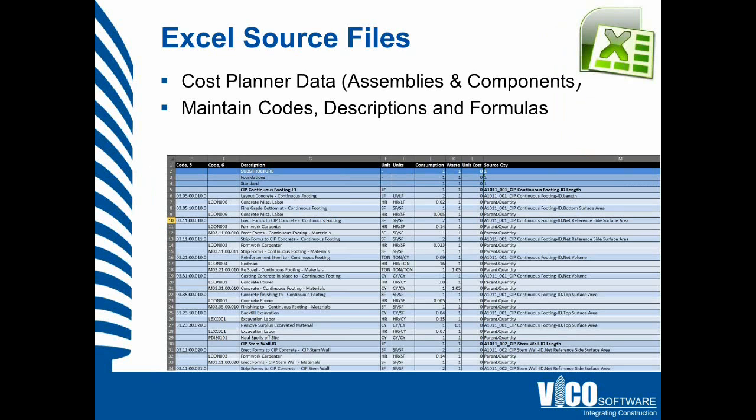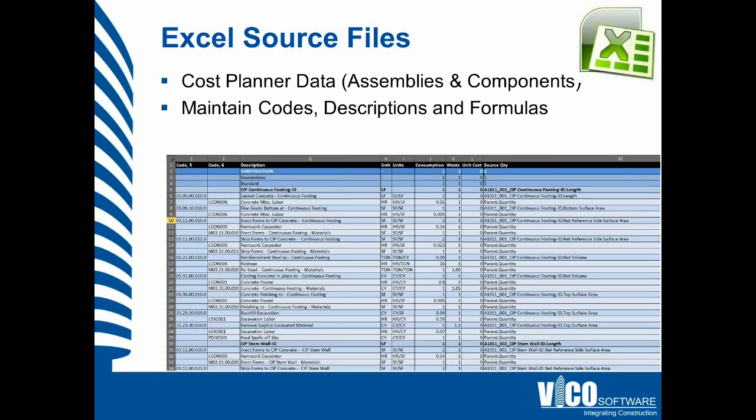So let's take a closer look at the Excel source files. I will open an example in the third part of today's presentation. Excel source files are organized in such a way that the various code levels in the cost plan data structure are separated, which makes it easy to use the Excel import function that is part of the Vico Office platform.